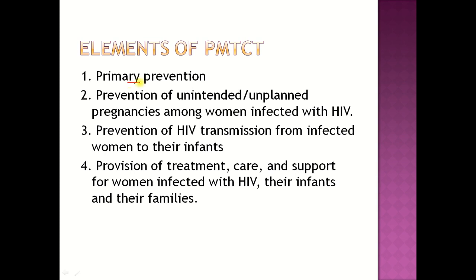First is primary prevention. Next is prevention of unintended/unplanned pregnancies among women infected with HIV. Third is prevention of HIV transmission from infected women to their infants. Fourth is provision of treatment, care, and support for women infected with HIV, their infants, and their families.